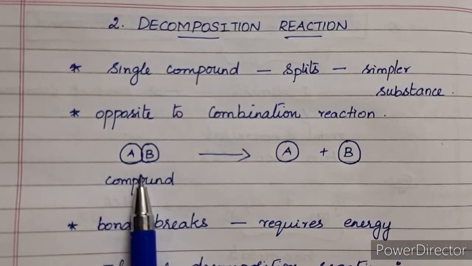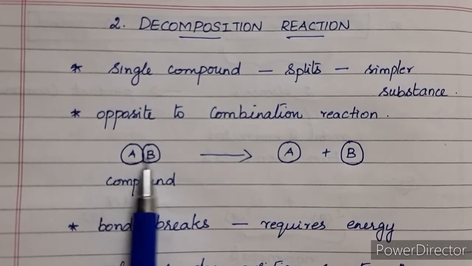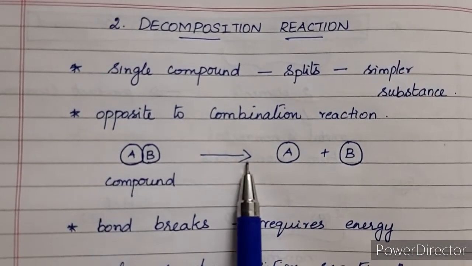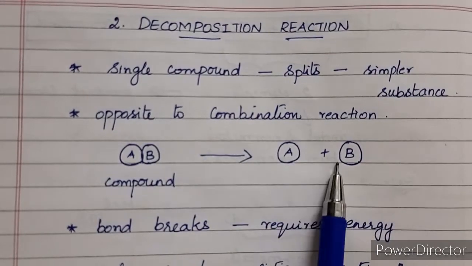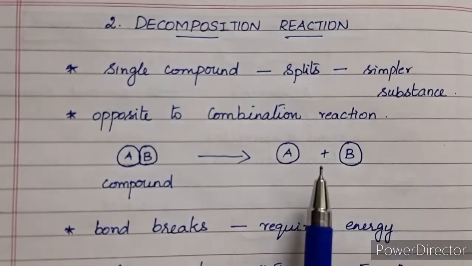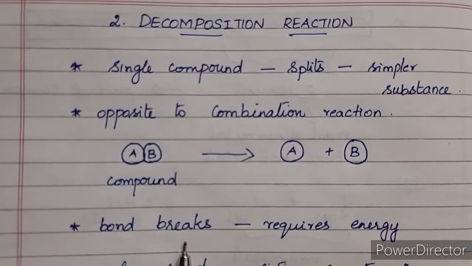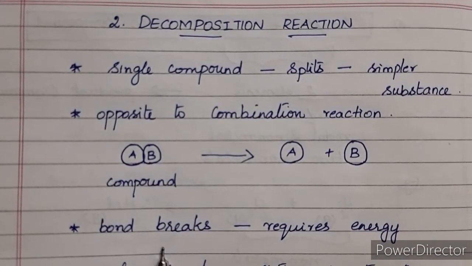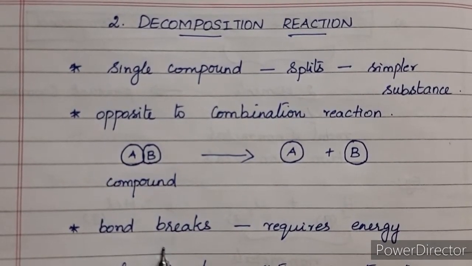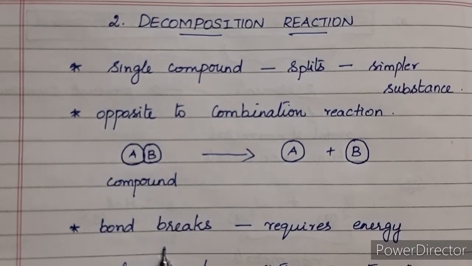Now look into the example, children. Here you have the compound AB, a compound which on decomposition splits into A plus B. Now since it is a decomposition reaction, the bond breaks, isn't it? And for the breaking of bonds, we said that energy is required.